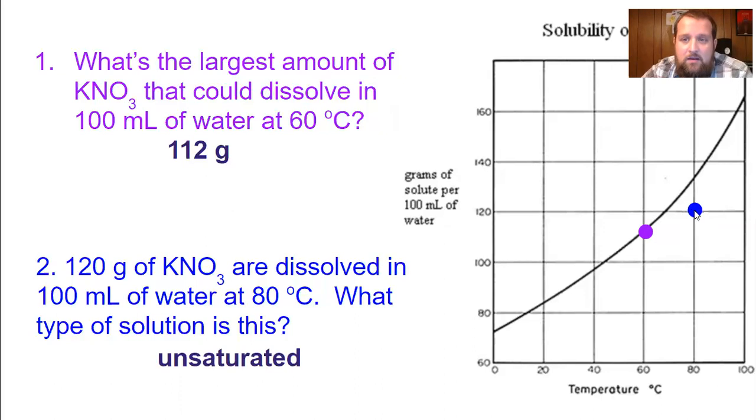We could still add more, and it would dissolve. Not much more, since saturated is up here at like 130 something, 131, 132. So we couldn't add too much more, but we could still add more, which means that it's unsaturated.